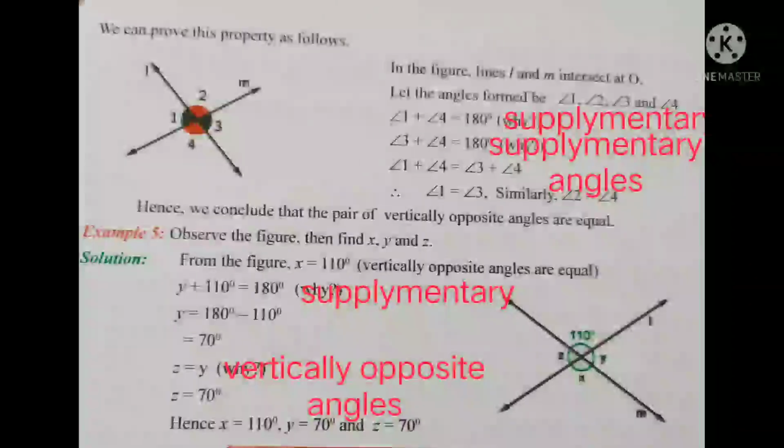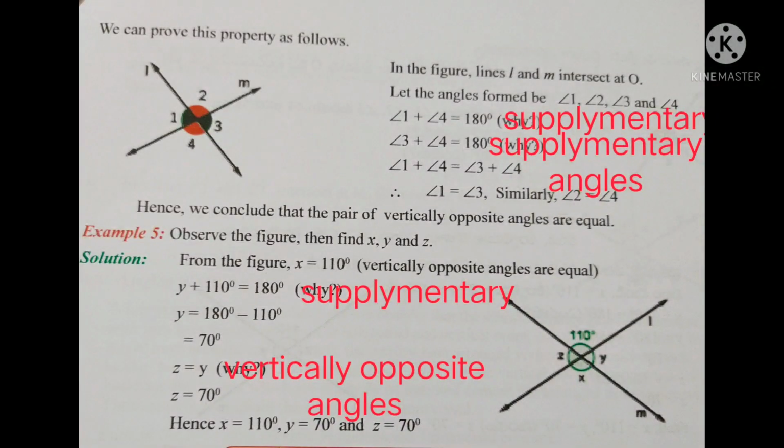Now, y plus 110 degrees equals 180, because these are a linear pair. So y equals 180 minus 110 degrees, since 110 degrees is transposed with a minus sign. So y equals 70 degrees.